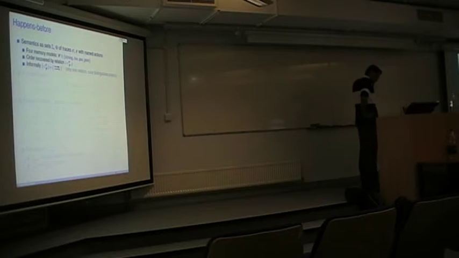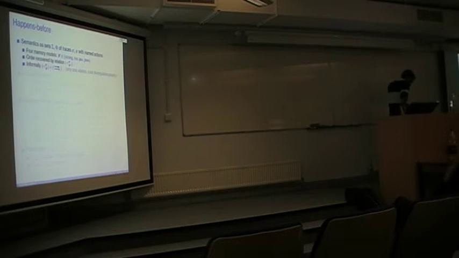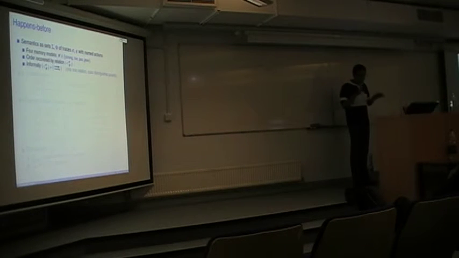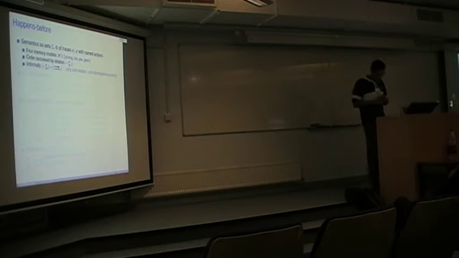Okay, but now how are we going to change this world? We're going to change this world by thinking just of happens-before relationships. I'm not going to show you details, but I want to just give you a high-level view of this. So the first thing I want to point out to you is that what I'm describing is not specific to a specific memory model.